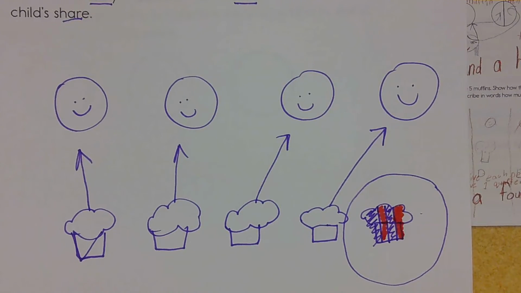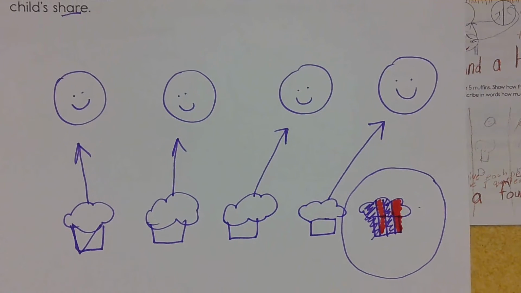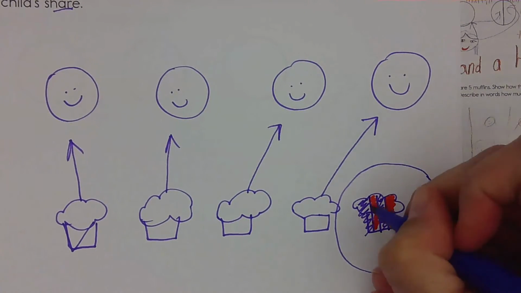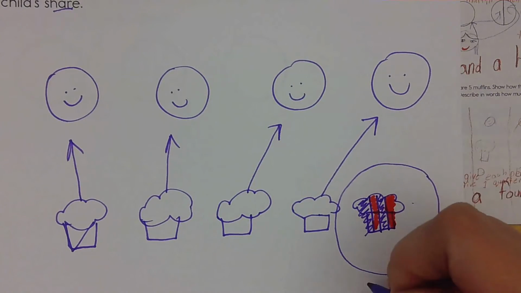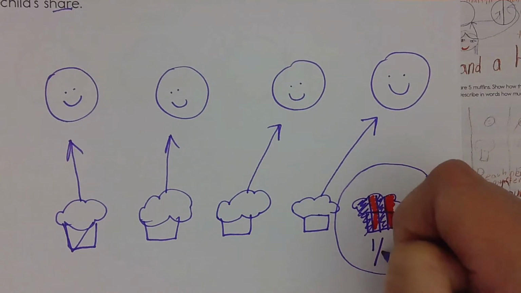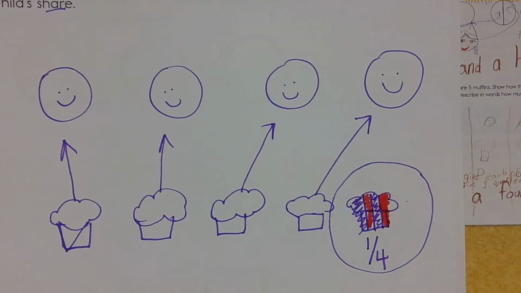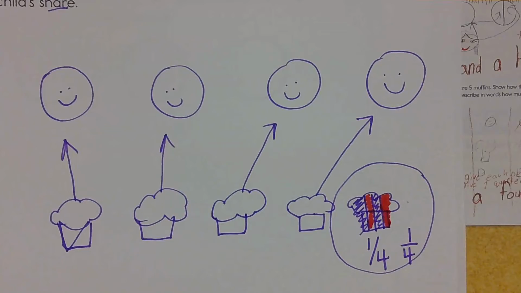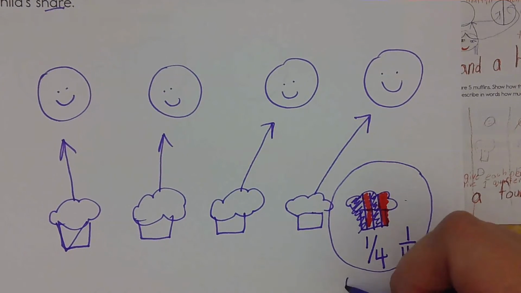Okay, so now that I have my muffin divided into 4 pieces, I have to go ahead and come up with a name that I can say about that. So when we were working with our papers the other day, we noticed that if we have 1 out of 4 pieces, we would say that that is 1/4. You can also write it like this, okay? 1 on top of a 4 is 1/4.